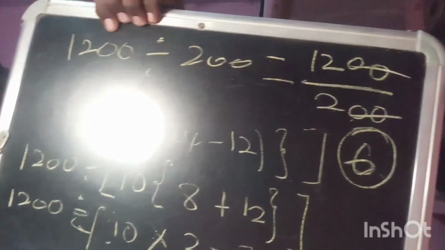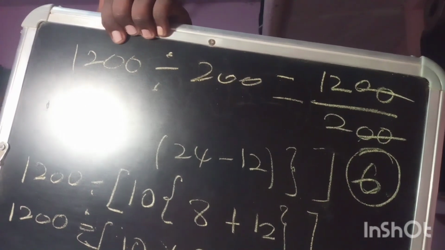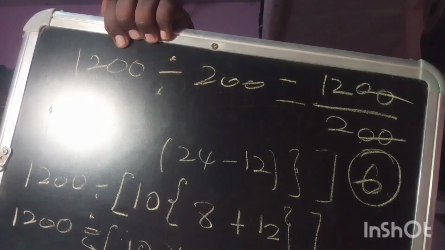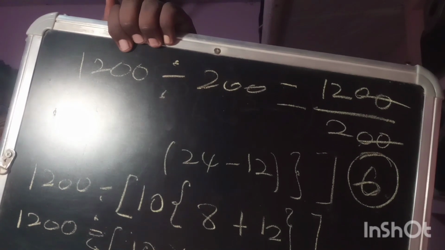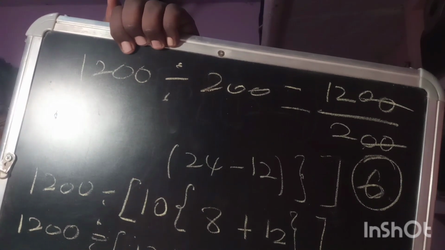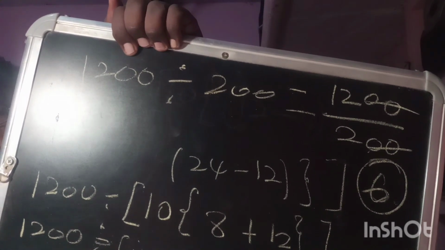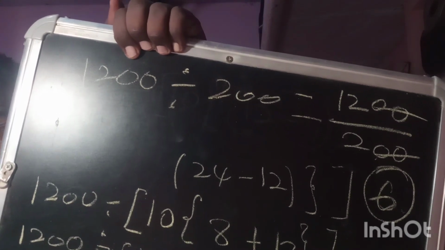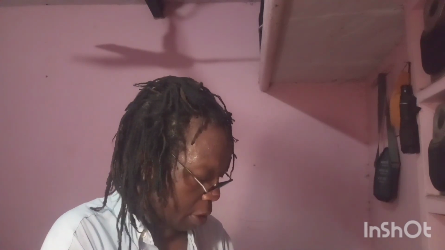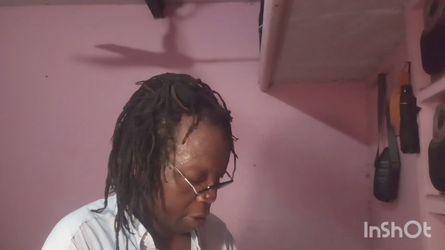It will give you 6 as the final answer, because you are dividing 1200 by 200, right? So if you want to prove whether you are right, you can prove it by doing this. Take 200 times 6.